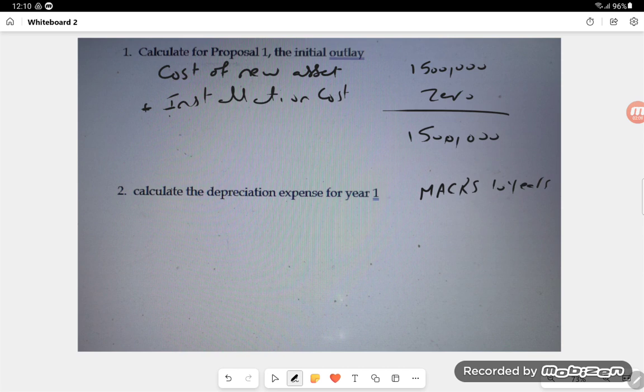And according to MACRS, depreciation for 10 years will be 10% for year one, 18% for year two, and so on. So here we would like to calculate for year one. It's calculated as the initial outlay multiplied by the 10%. So the depreciation for the first year will be 150,000.